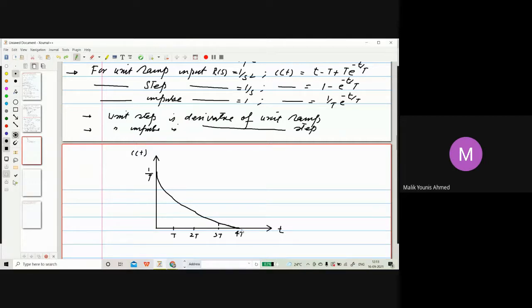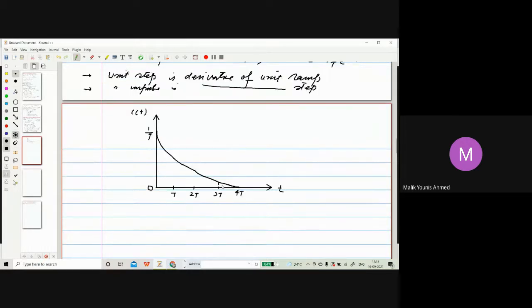When it reaches 4T, the value will be close to zero. You can see the origin here; it is maximum at the origin, then it keeps on decreasing, 0.37 and so on. You can calculate those values, and it will decay exponentially. At 4T it will settle down on the x-axis, that is the time axis.